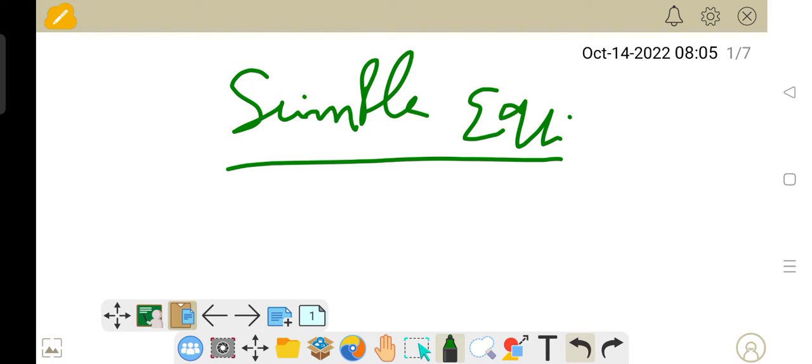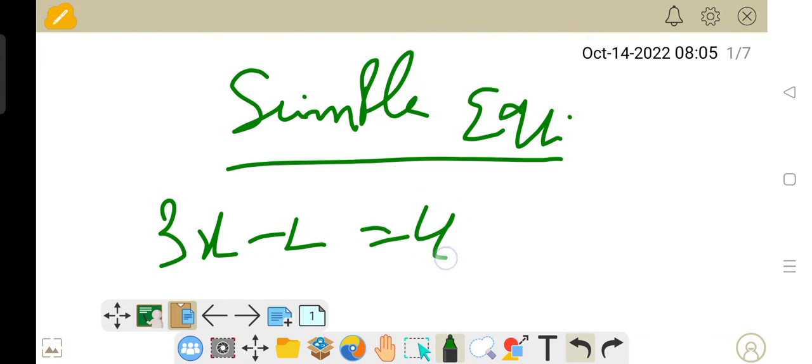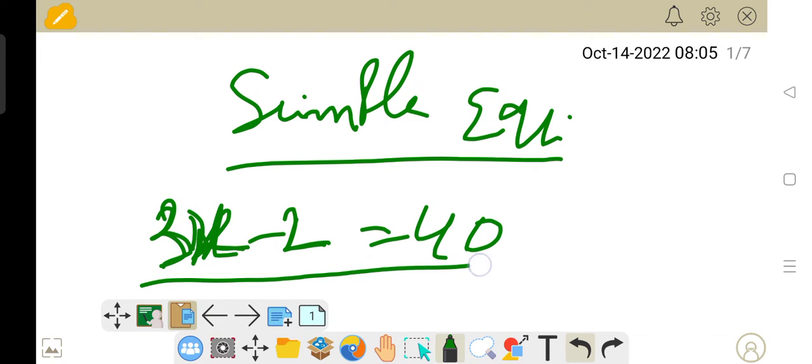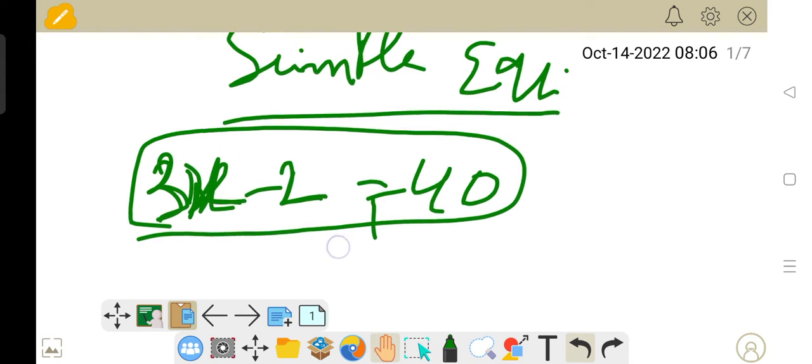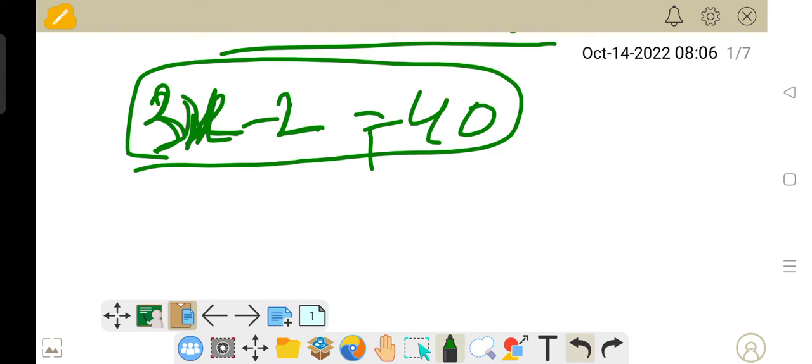An equation in one variable with the highest power 1. For example, 3x minus 2 equal to 40 is an equation. Here the highest power of the variable, x power 1, we can write. An equation having only one variable with highest power 1 is known as a simple equation.